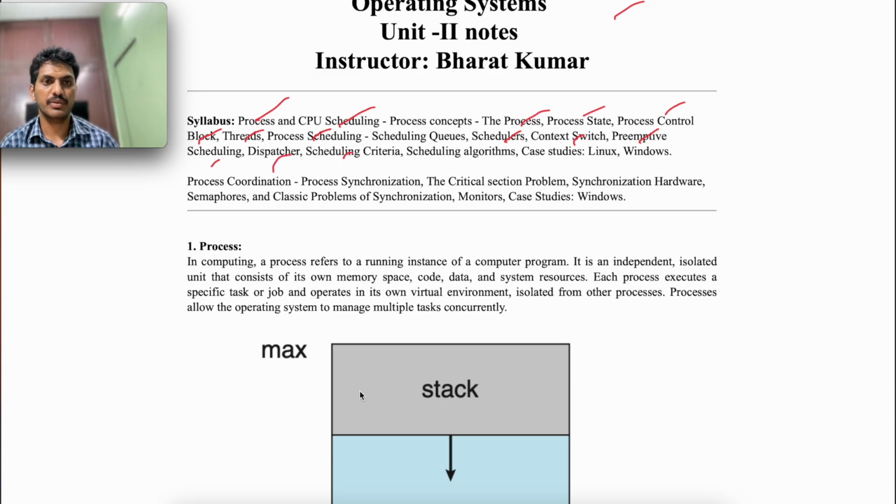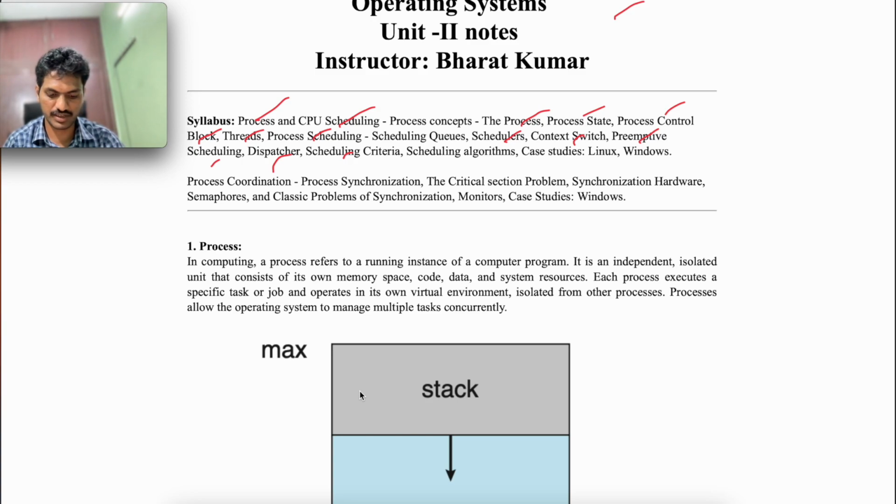It is an interesting unit, and you don't feel bored in this unit too. There are some diagrams you need to practice. I will tell you the important ones you need to remember. So let's see one by one in this process.